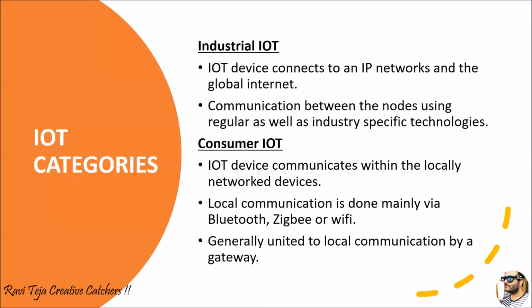Generally these will have a gateway, where all these particular devices are united using local communication. As I said, the best example is a camera surveillance within the home, or a burglar sensor, or home automation sensors.